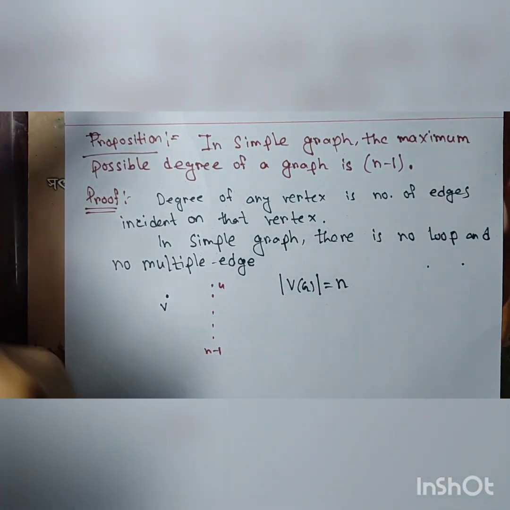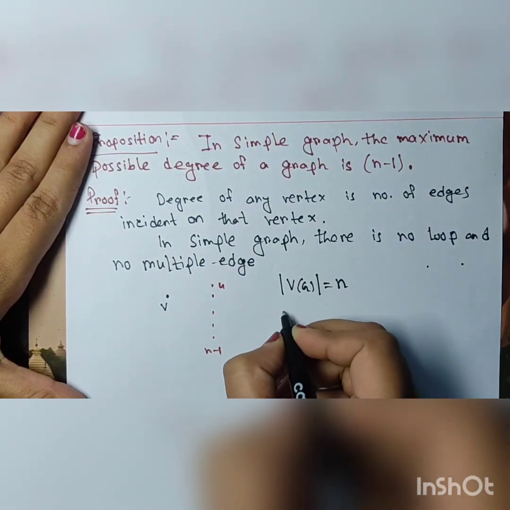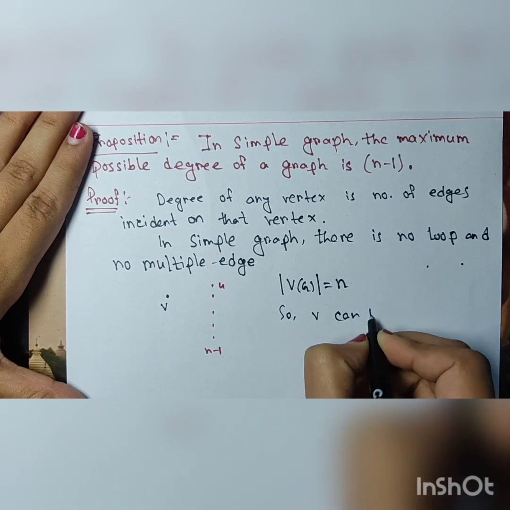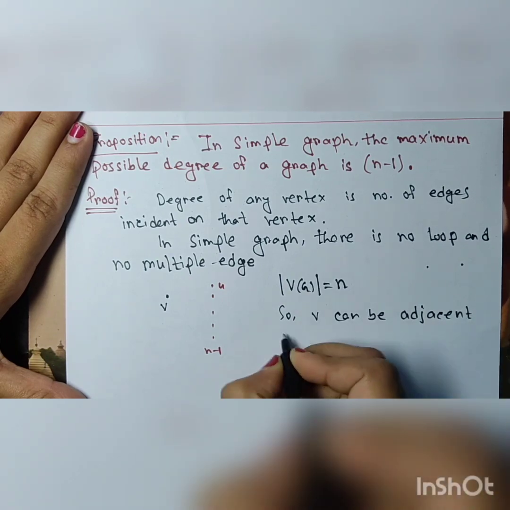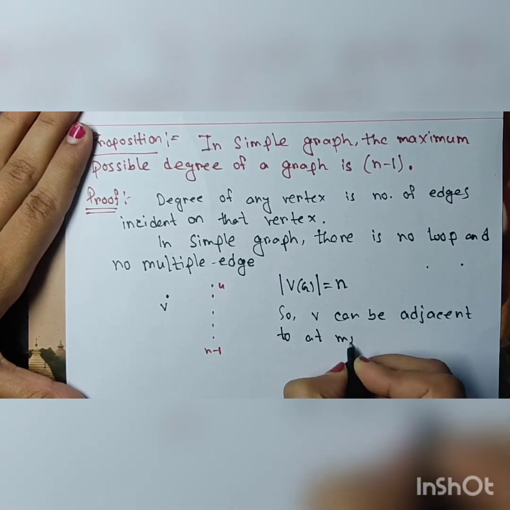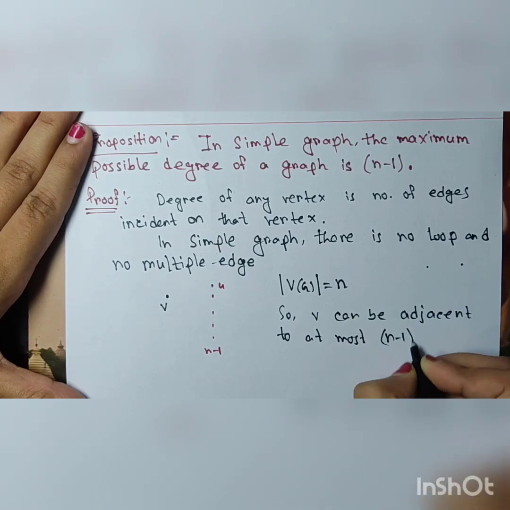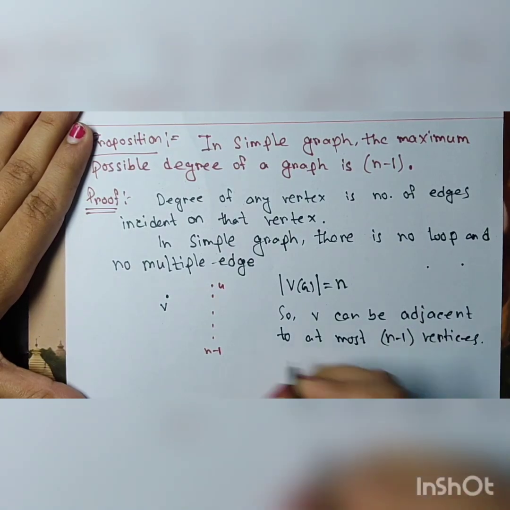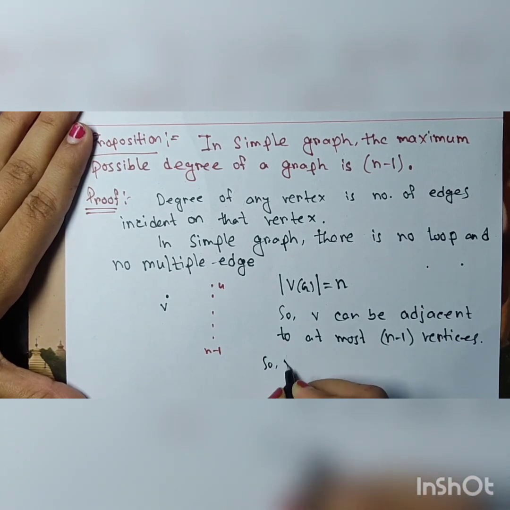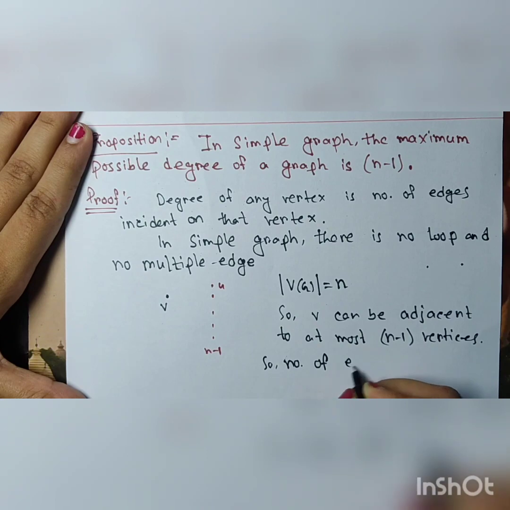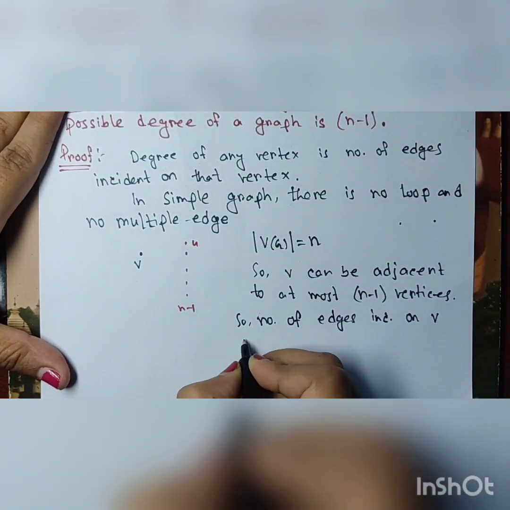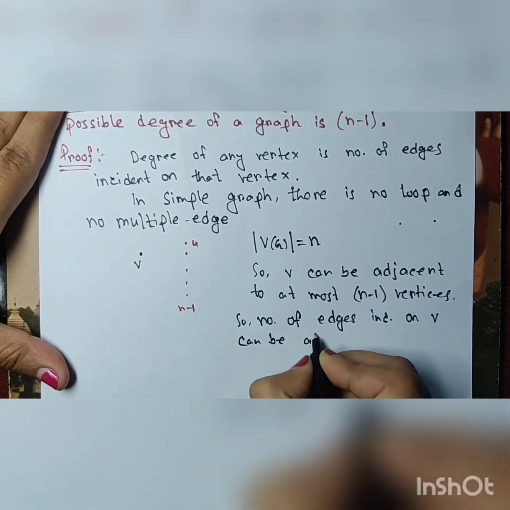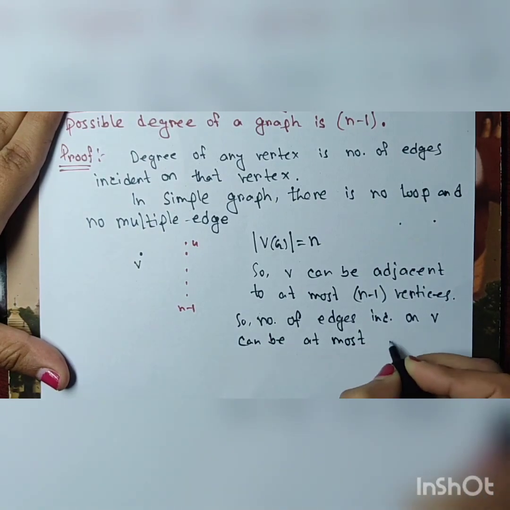So we have to write down that v can be adjacent to at most n minus 1 vertices, and so the number of edges incident on v can be at most n minus 1.